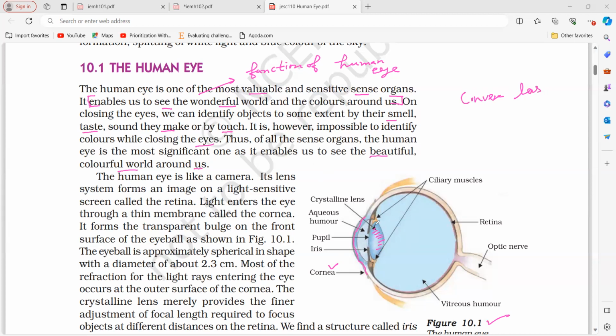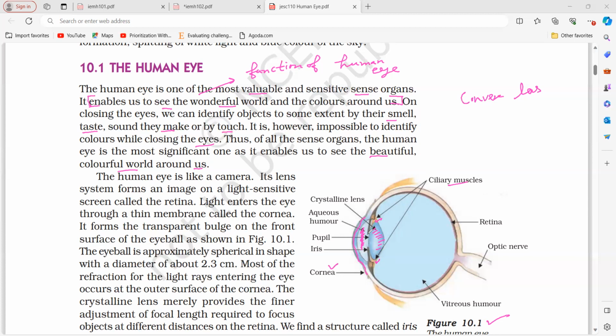This lens is held by ciliary muscles, and in between the cornea and the lens, there is a liquid in this region, and this liquid is termed as aqueous humor.